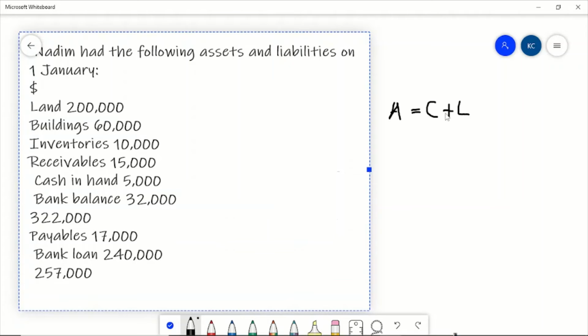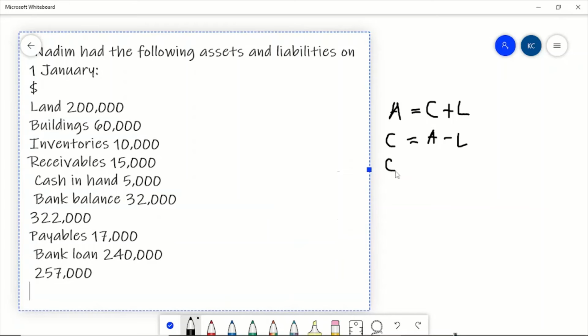So you can make C the subject of the formula, which is going to be C, capital, is equal to assets minus liabilities.